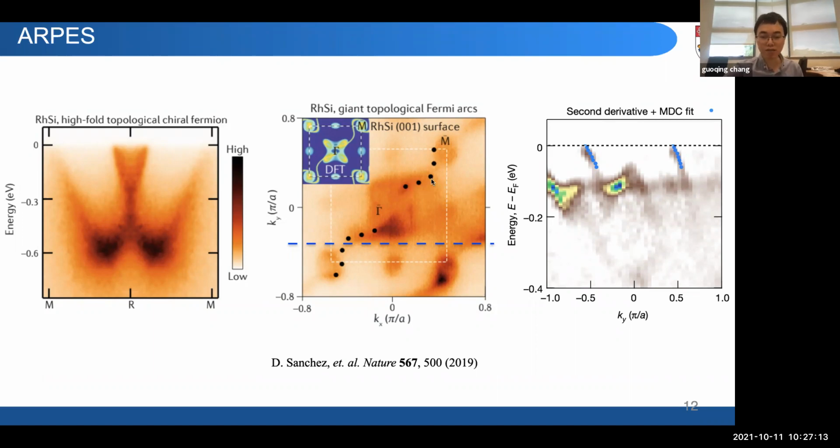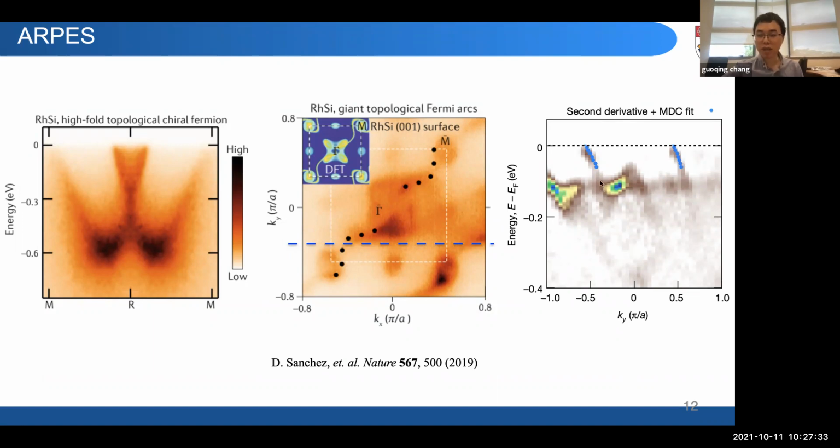Actually, these are the Fermi arc states according to my calculations here. This is the long Fermi arc connecting this gamma bar and M bar. To fully demonstrate the topology of these states in experiments, we need to measure the energy dispersion. For example, we cut through this line and check the E-k dispersion.